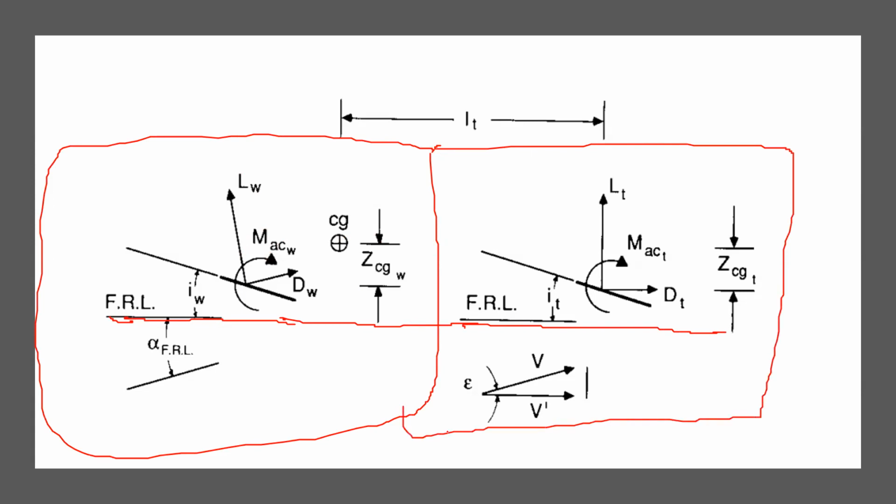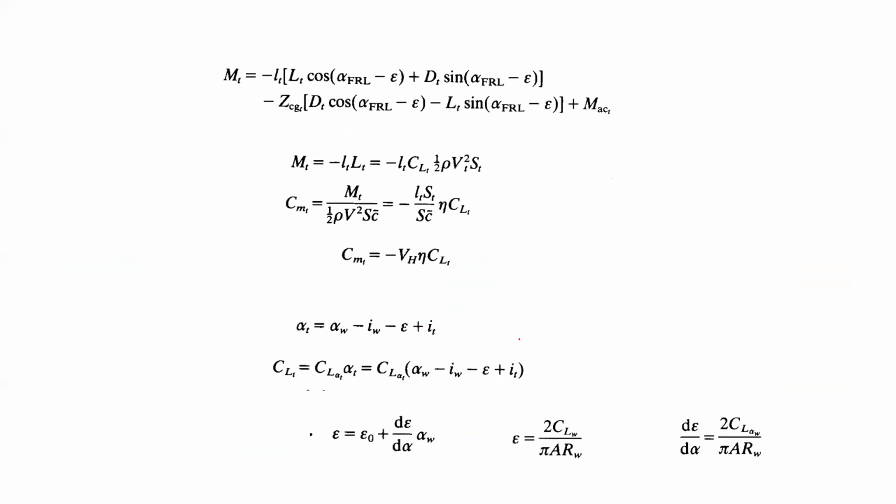Also notice that earlier the velocity was coming like this along this line, but now the velocity has a downward component because of the downwash at the tail. So the tail is experiencing a different angle of attack. Keep that in mind, and by keeping that in mind, we write down the equation for the moments.